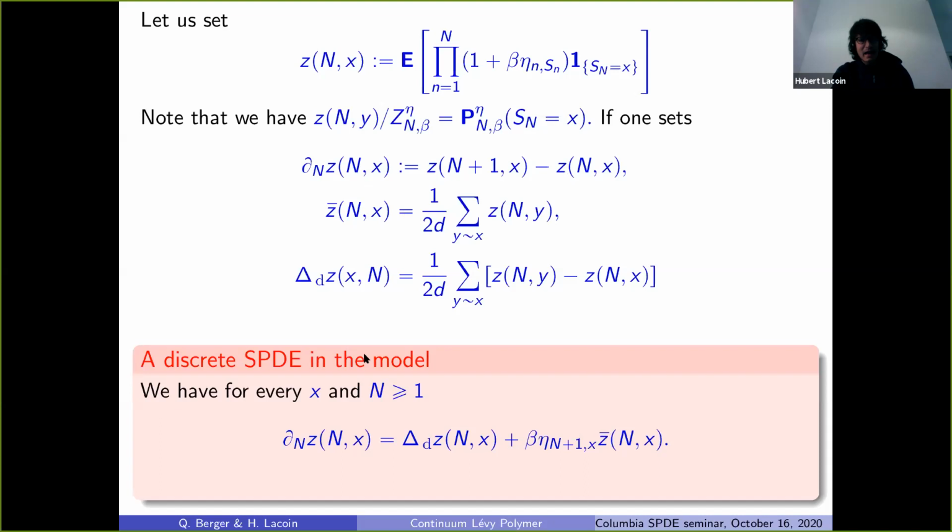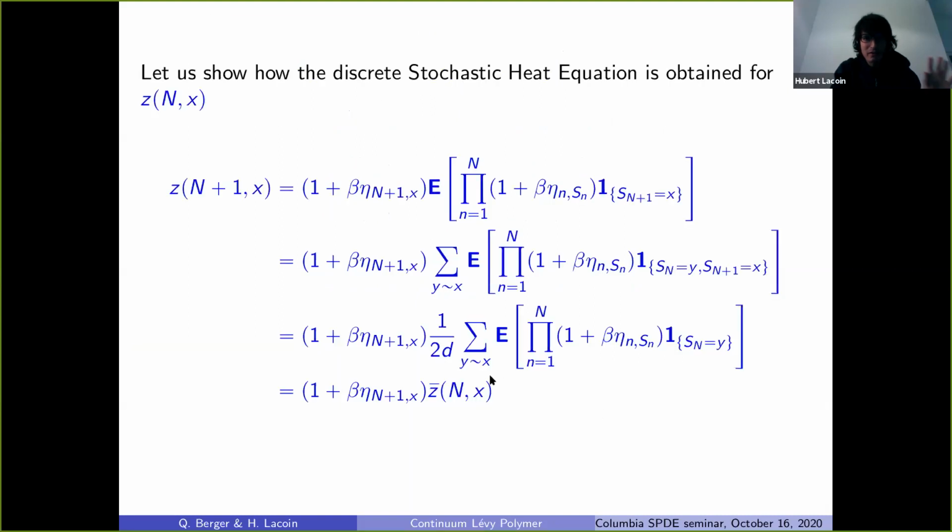And what I claim is that this point-to-point partition function satisfies the following discrete SPDE: the time derivative is equal to the Laplacian plus beta eta times Z bar. Okay, so because I'm justifying my presence here by this equation, I might as well give a short proof of it. So, how can you see it?